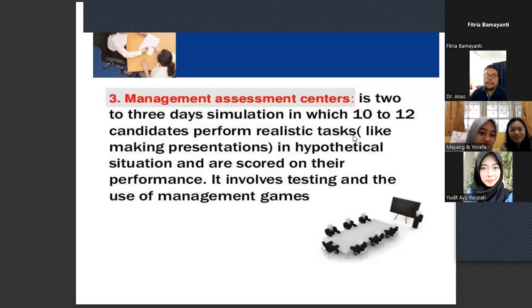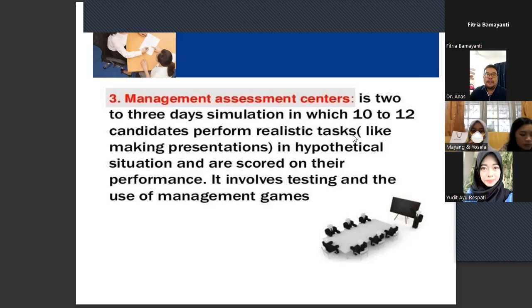So the candidates come into the room, between 10 and 12, or sometimes 6 to 10. Most of the candidates do a presentation. Okay, why should this company hire me? For example, Maya, Yusifa and also Indah, 3 candidates in one room. These 3 candidates must convince the panel of interviewers why this company should hire me.